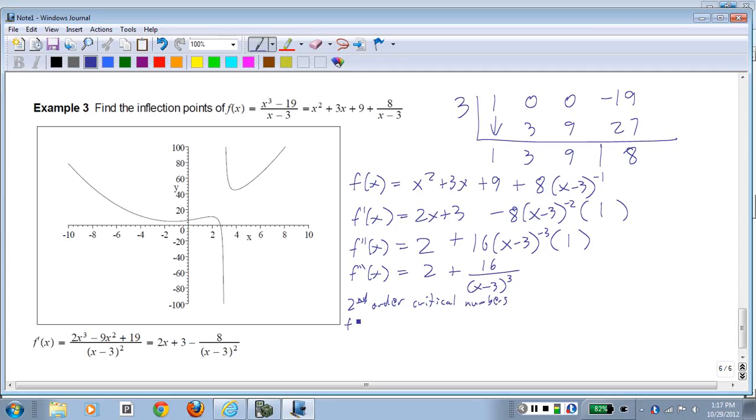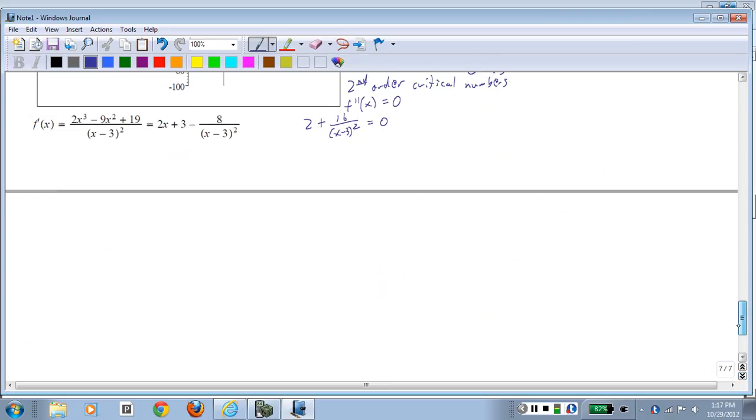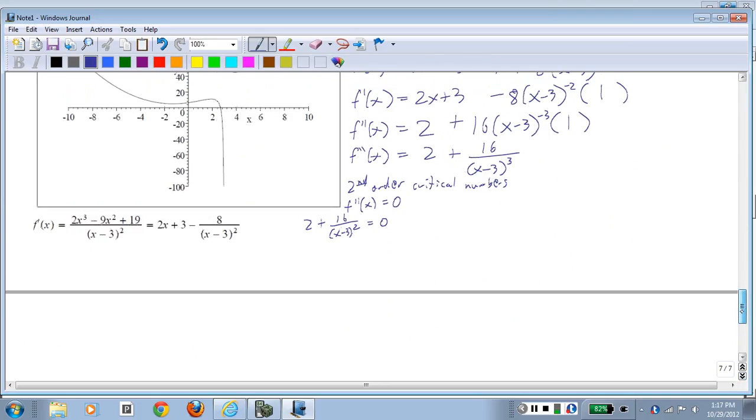it could be where f double prime of x equals 0. And where does that happen? 2 plus 16 over x minus 3 quantity squared equals 0. That would be where, and I just don't have room, so I'm going to see if I can work on 2 pages at once.